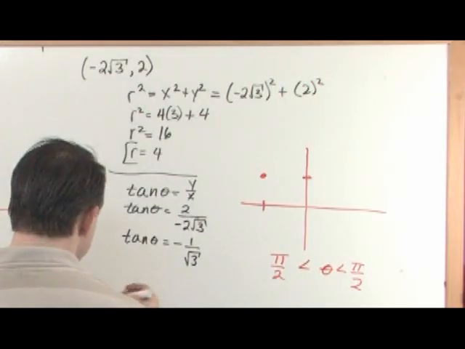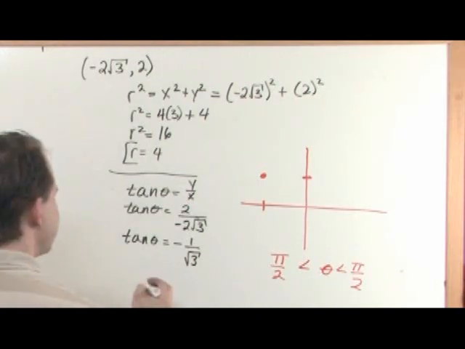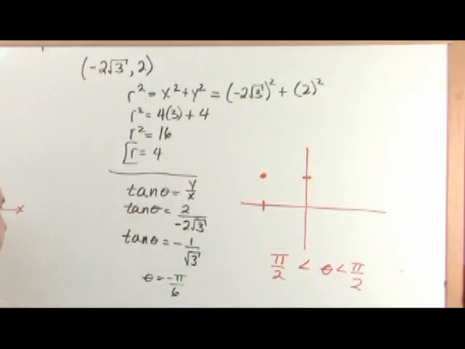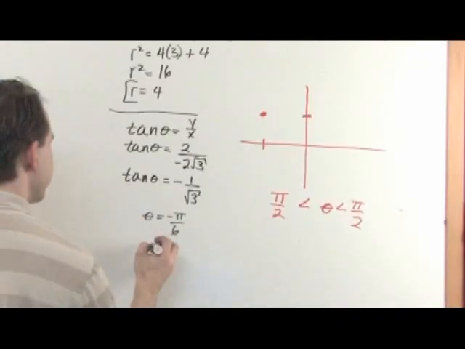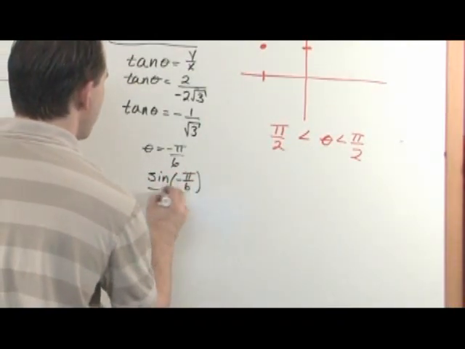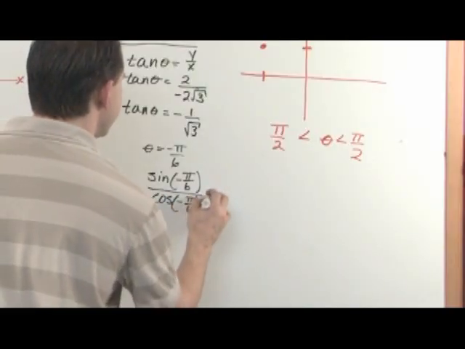So just going through the motions, because I want to make it complete, if you didn't have the benefit of this lecture, you might say, well, maybe theta is equal to negative pi over 6. Maybe that's the case. Let's see if that's right. Then you would say, okay, well, tangent is sine over cosine, so sine of negative pi over 6 over cosine of negative pi over 6 is equal to what?